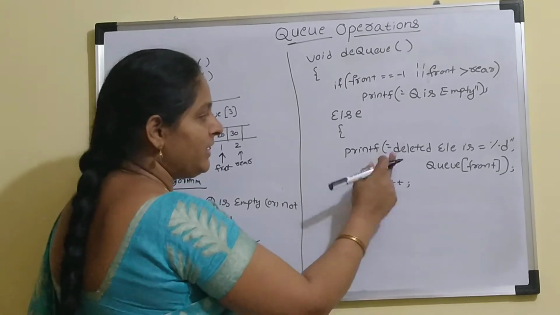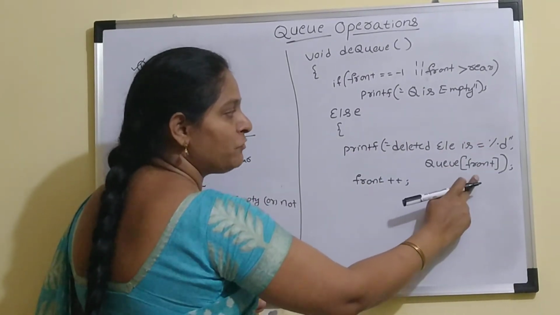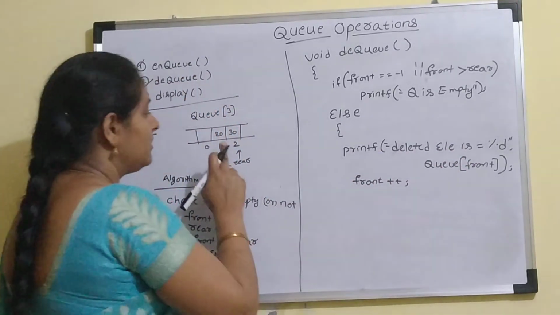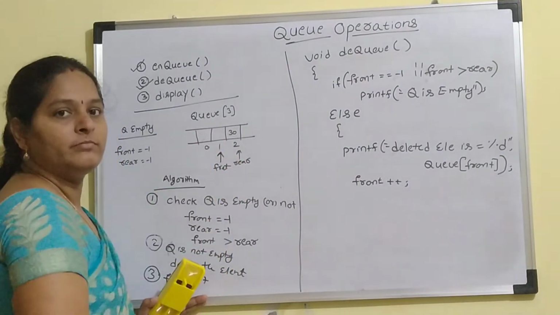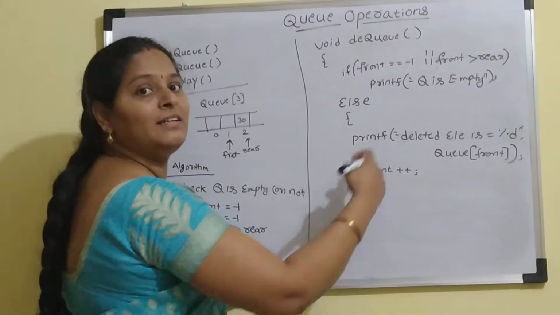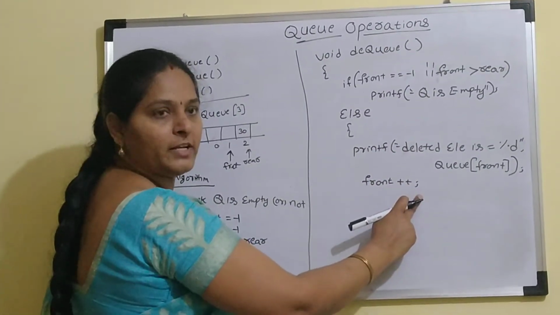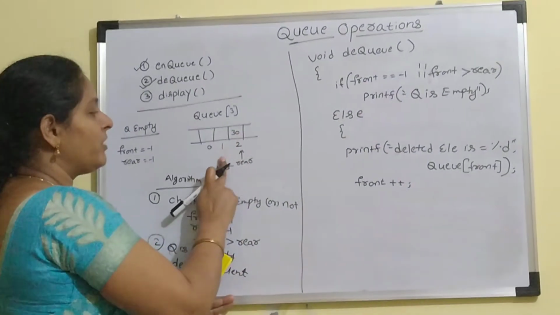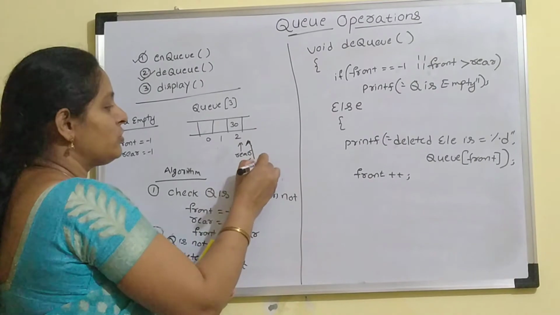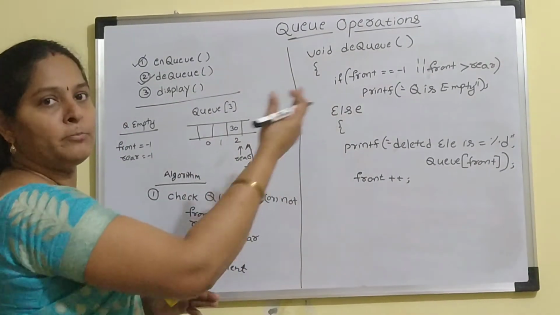So it will print deleted element is q of front, that means deleted element is 20. Now after deletion, we should make the next element the front element. For that we need to move the front pointer by 1: front equal to front plus 1. So that front moves to the next location.